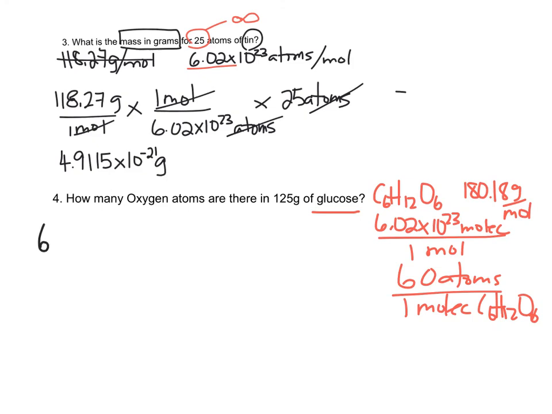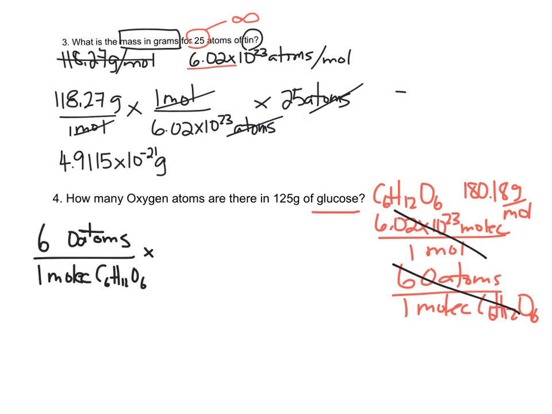So 6 oxygen atoms per 1 molecule of glucose. So that gets rid of that ratio. Now I've got to get rid of molecules. So we can use Avogadro's number. So molecules has to go on top so that it cancels from the first ratio. Molecule per 1 mole.